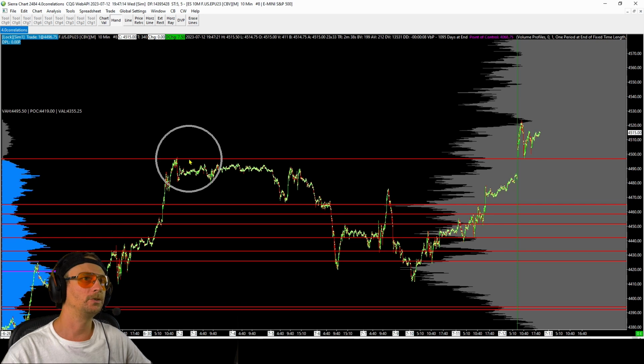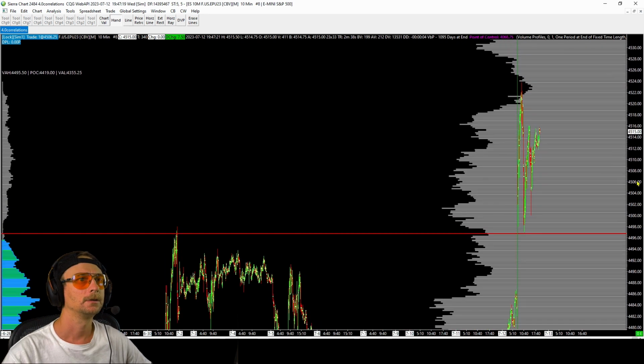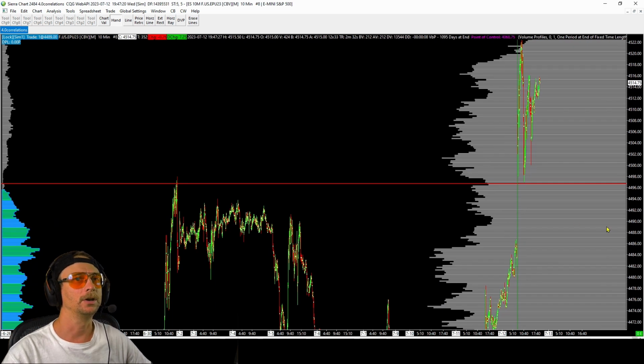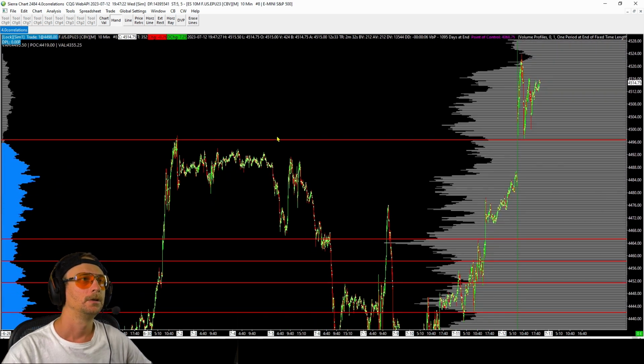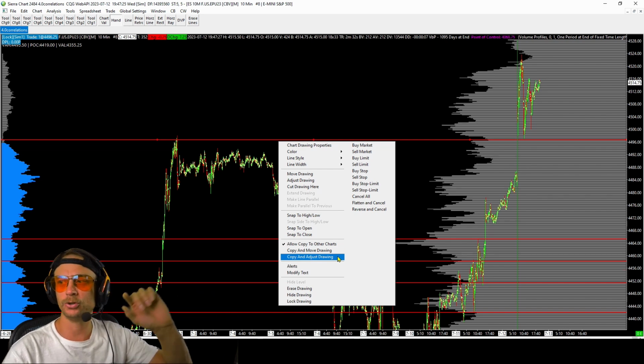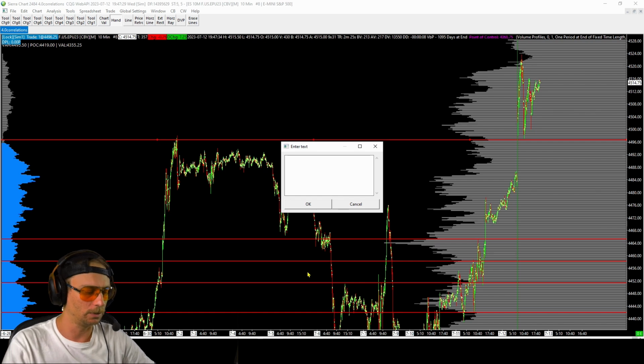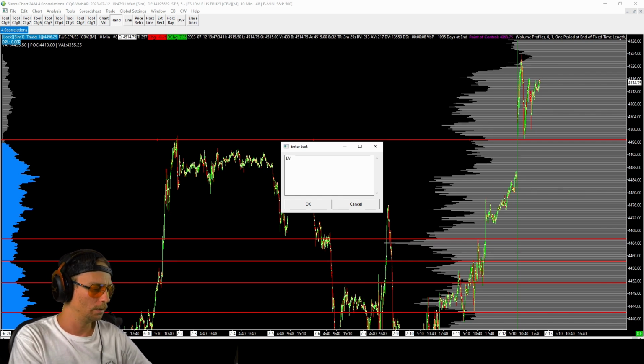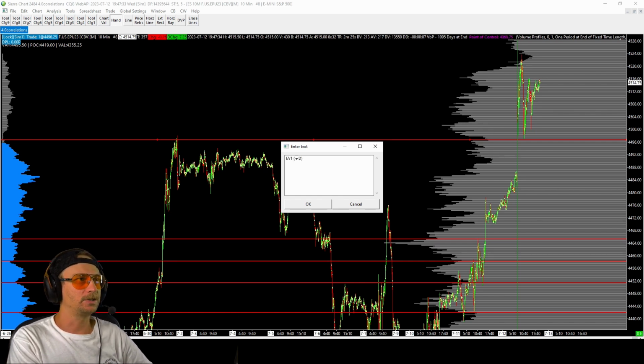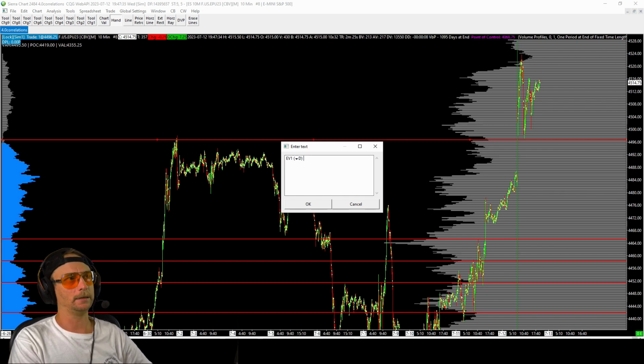So notice this low node right here. It's a low node that matches with the 3-year low node. So the fact that these two vastly different composites match low nodes is good. So we're going to put in EV1, and then I'll put a down symbol to let myself know that the market had cycled down, and it had tested that red line one time.